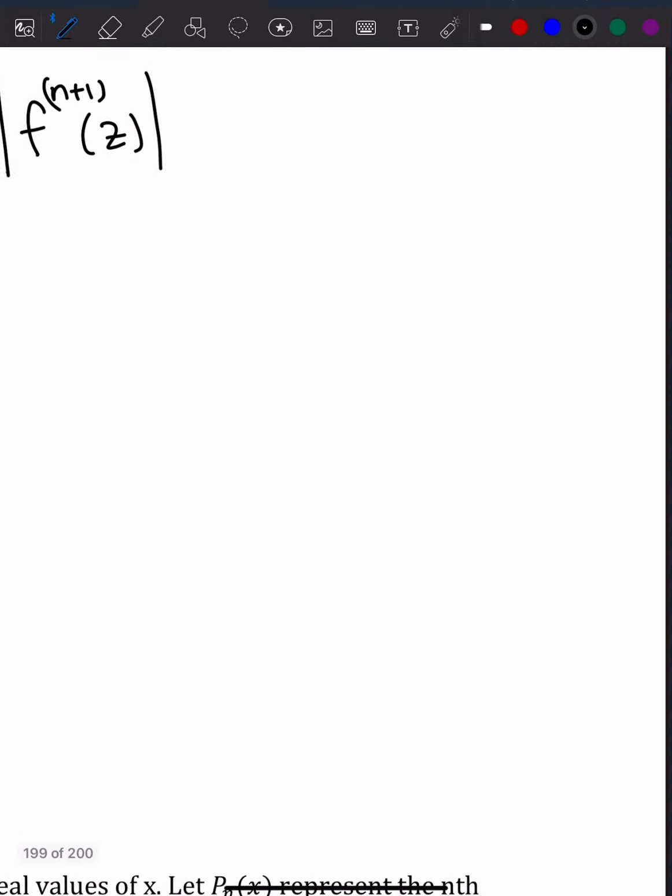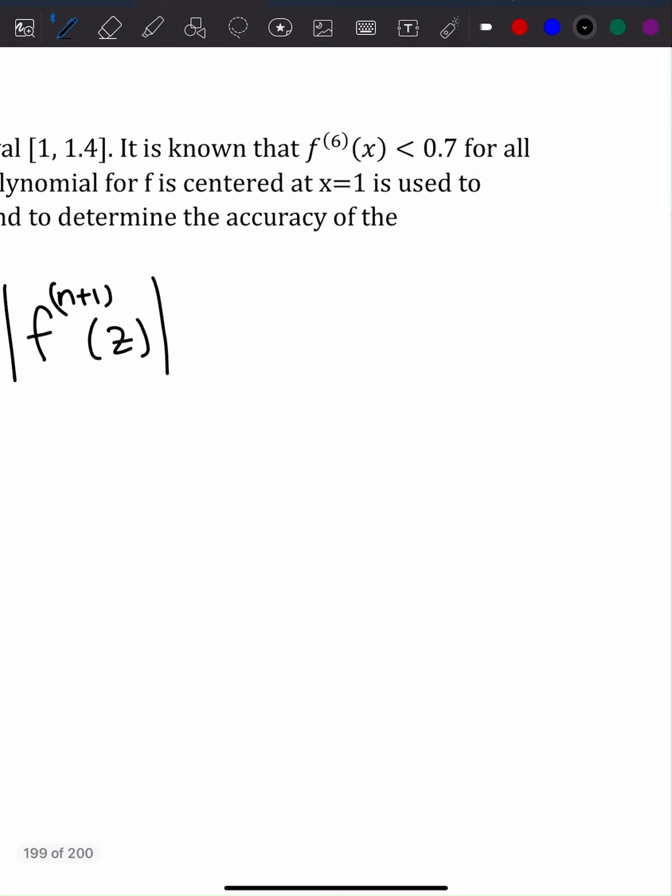Okay, so based off of the problem, we need to know what c is, what n is, what x is, and what the max is.